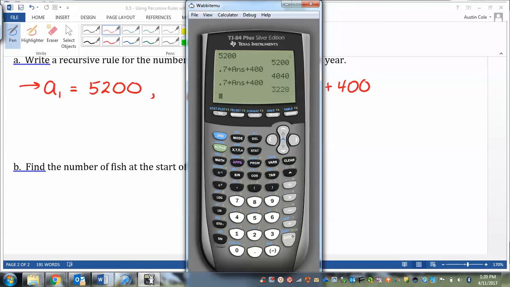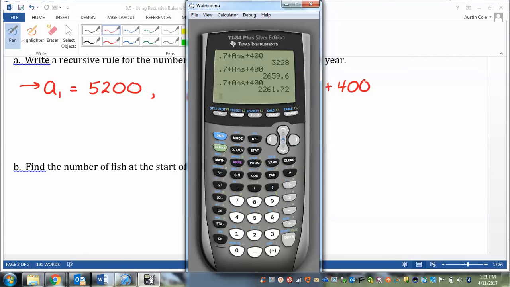Guys, if I hit enter again, it's the 3rd year. Hit enter again. Because it's recursive, I'm using the answer that I last calculated. And I lost track. That's 4. One more. Hit enter again, and I believe that's the 5th year.